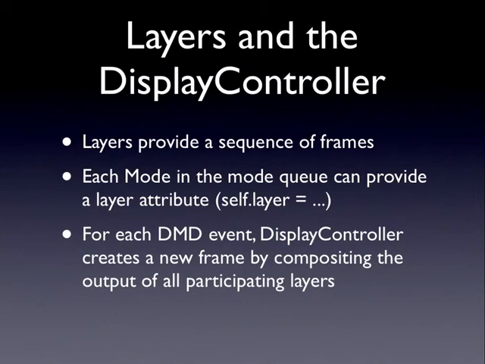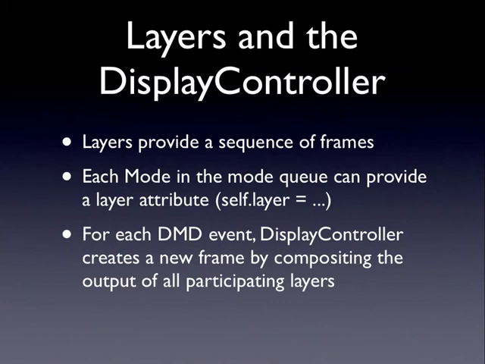So that's probably pretty confusing, but you can imagine maybe if you had your mode queue and you have 2 modes on it. The bottom mode is just a mode that provides a score display. So you have your classic score display with the current player's current score and the ball number. That has a layer which is delivering a frame that represents that information. And then higher up, maybe you start multi-ball.